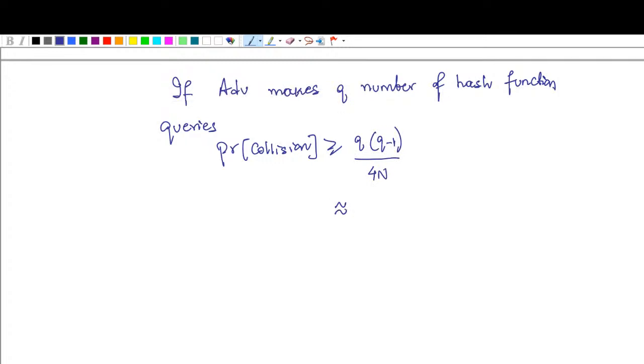This is approximately the same as q squared over 4n.